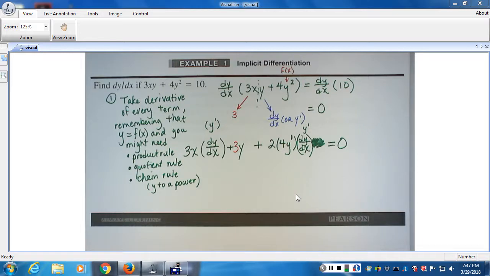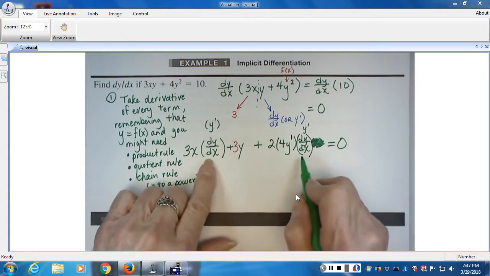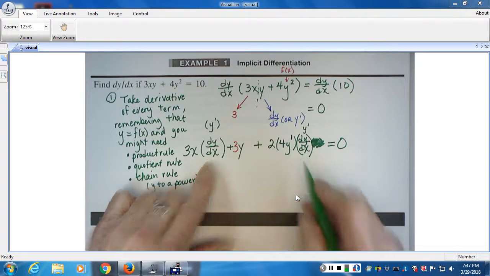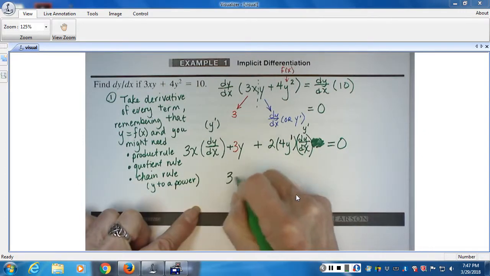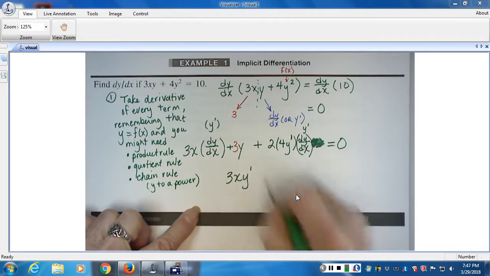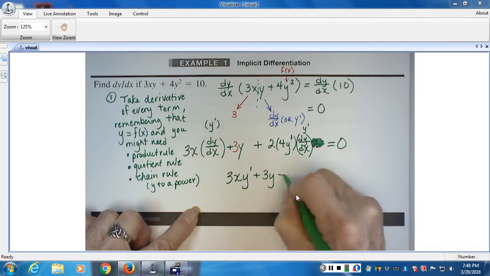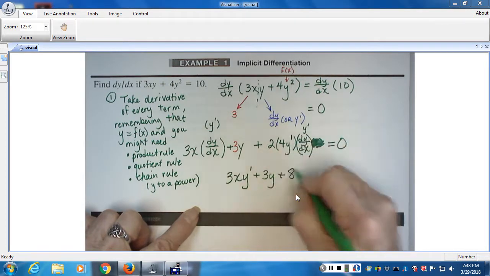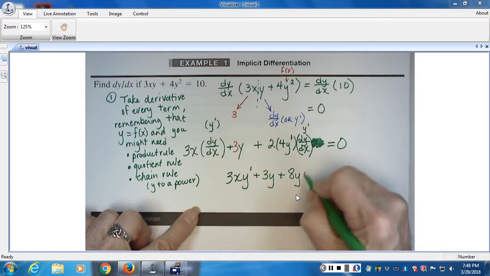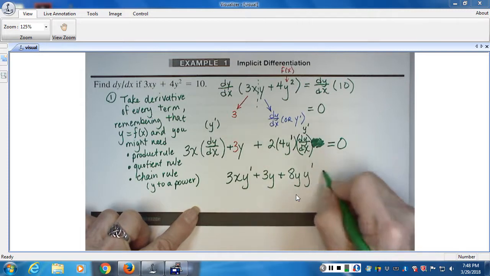Okay? So actually, I think this looks better if I write it the alternative way. This is one way to write it, but it does actually kind of look better if you write it the way that I normally think of doing it, because these tend to bother people. So let me rewrite this, calling this 3x y prime plus 3y plus 2 times 4 is 8y prime is equal to 0.